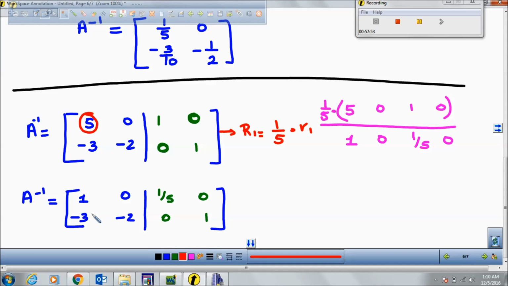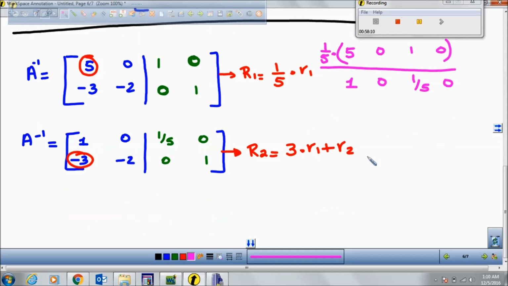Next thing we want to do is this -3, we wanted to make it into a 0. So row 2 is going to be affected by multiplying 3 times every number in row 1, and then we're going to add it to every number in row 2. So row 1, it's 1, 0, 1/5, and 0. And all these, we're going to multiply them times 3.